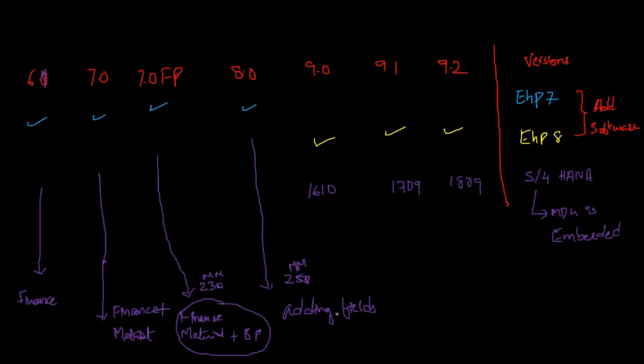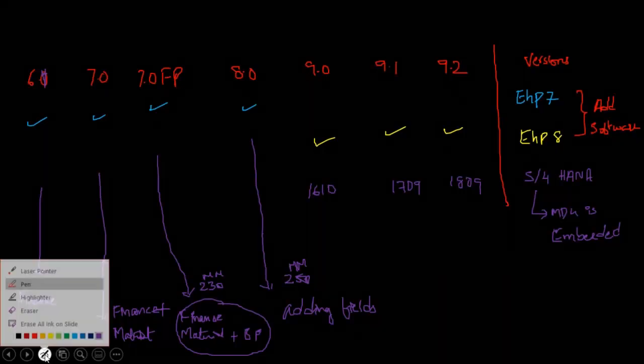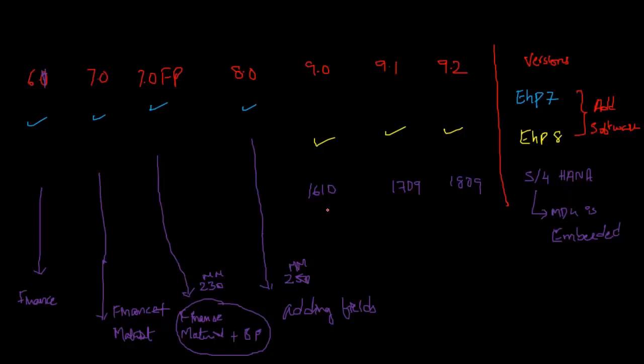The only difference that we need to understand is that till EHP8 and on S4HANA version, S4HANA version comes with a fuzzy search. That's an additional advantage that we are getting with these versions. Fuzzy search comes with the nature of the HANA database.